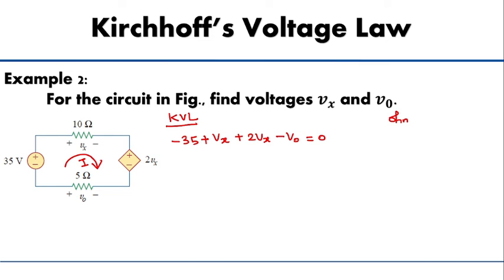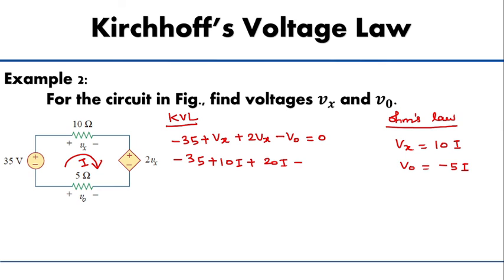Then, by applying Ohm's law, Vx is equal to 10 into I, and V0 is equal to minus 5 into I. Substituting these values into the equation, we have minus 35 plus 10I plus 20I, minus into minus plus 5I, equal to 0.